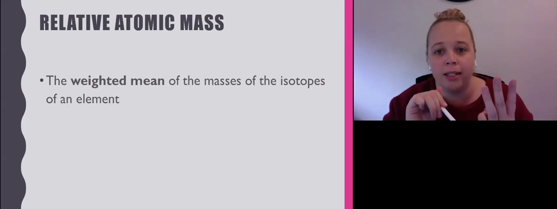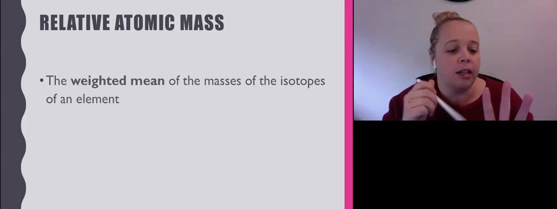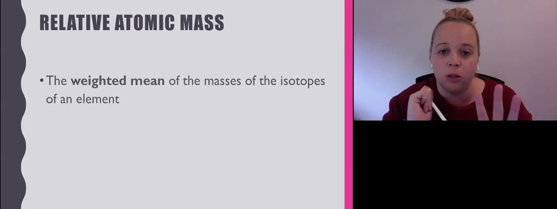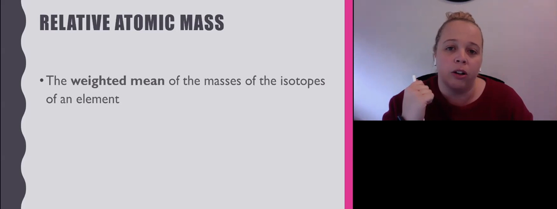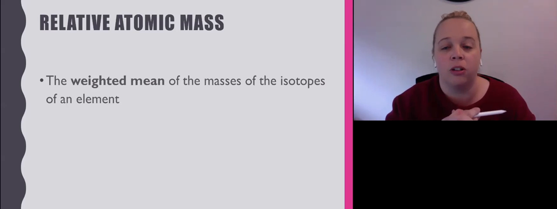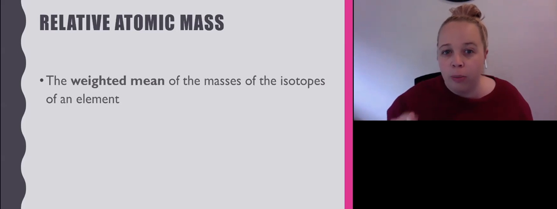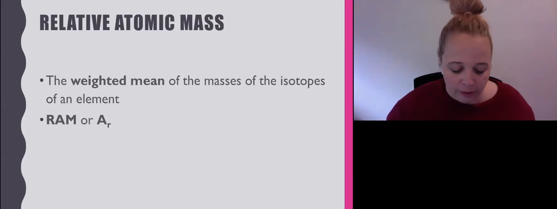You want it to be a weighted mean, and because much, much more of it is carbon-12, that's the one we have to weight our mean for, and it will work out that our relative atomic mass of carbon is about 12.01. So just over 12, because there are some isotopes that are a bit heavier.